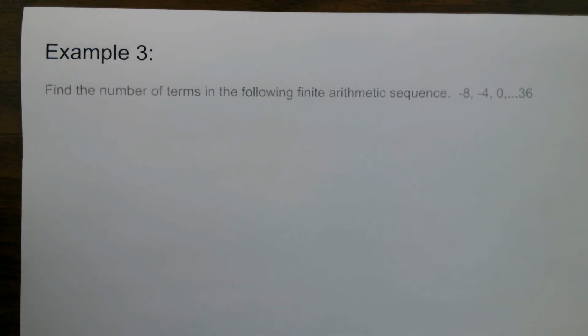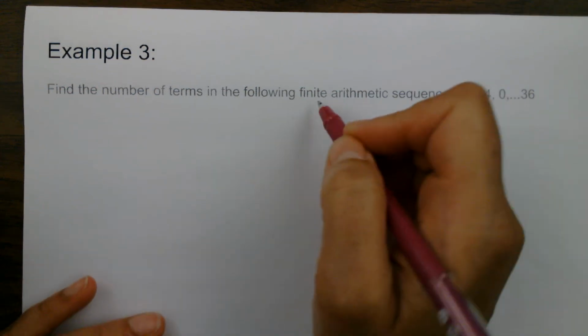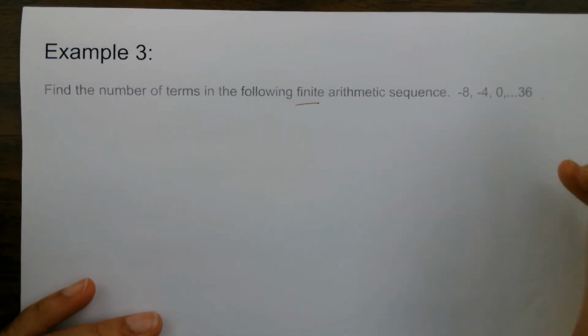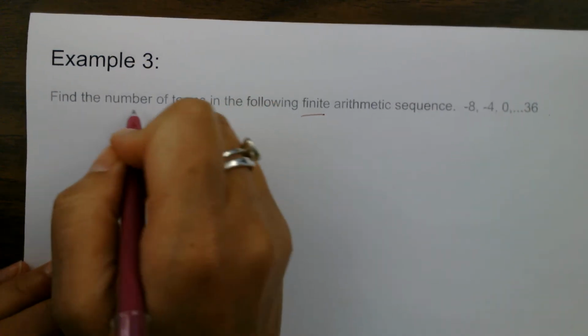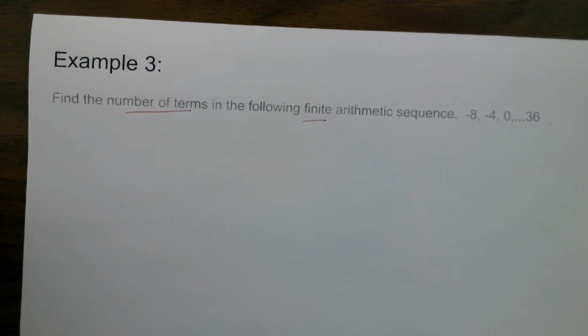Example number 3. We have to find the number of terms in the following finite arithmetic sequence. Now remember, finite means that it stops. So if you notice, we do have the dot, dot, dot, and then it stops. So find the number of terms. What does that really mean?